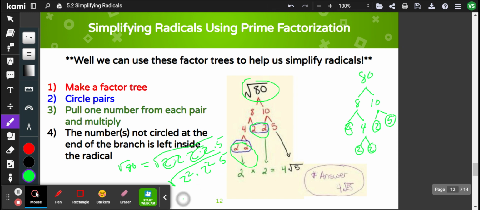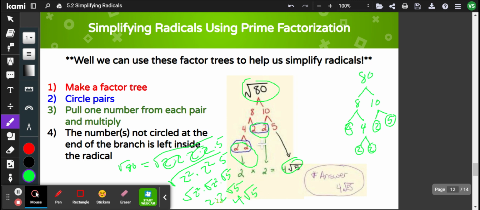If I take the square root of 2 squared times the square root of 2 squared times the square root of 5, I come back to the same answer, because the square root of 2 squared is 2, times the square root of 2 squared is 2, times the square root of 5. So 2 by 2 is 4 root 5.